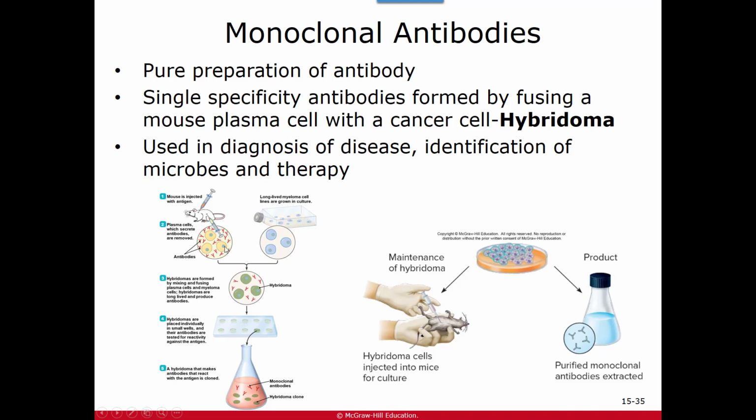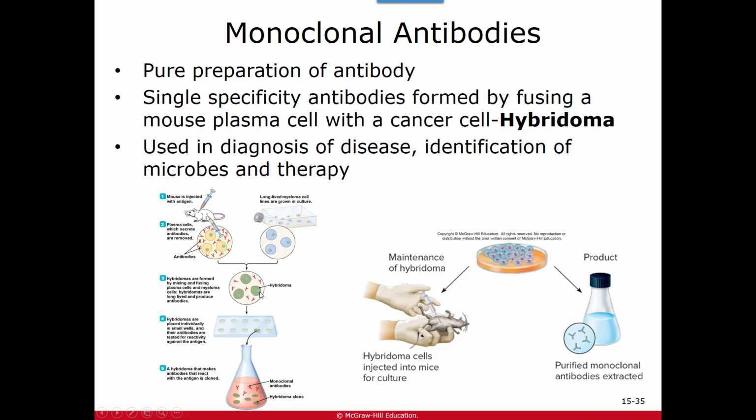This plasma cell is going to get mixed with this cancerous cell, and we're going to have something called a hybridoma. Now, when you think of hybrid, you might be thinking of a car, but hybrid means a combination of two things. A hybrid car is a combination of an electric engine as well as a gas engine, while a hybridoma is combining a plasma cell with a cancerous cell, two kinds of cells, and now we have a new cell.